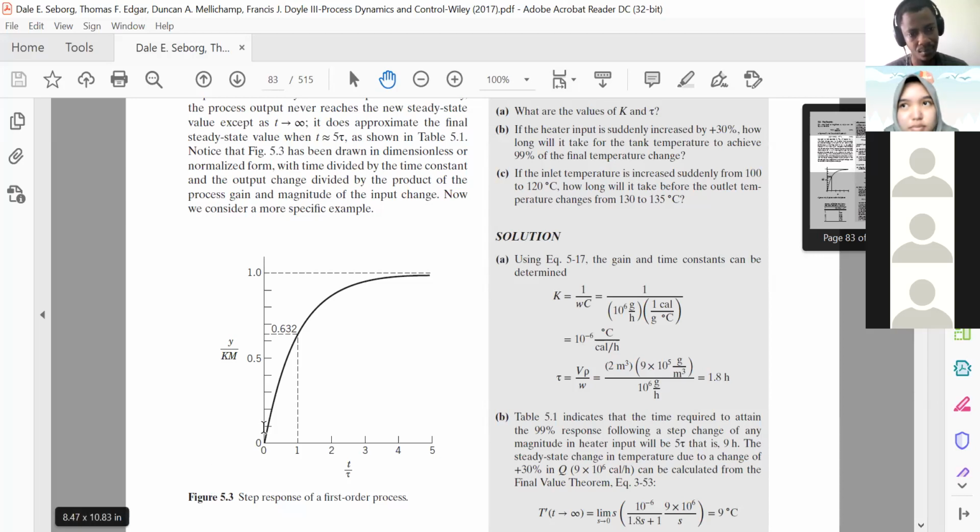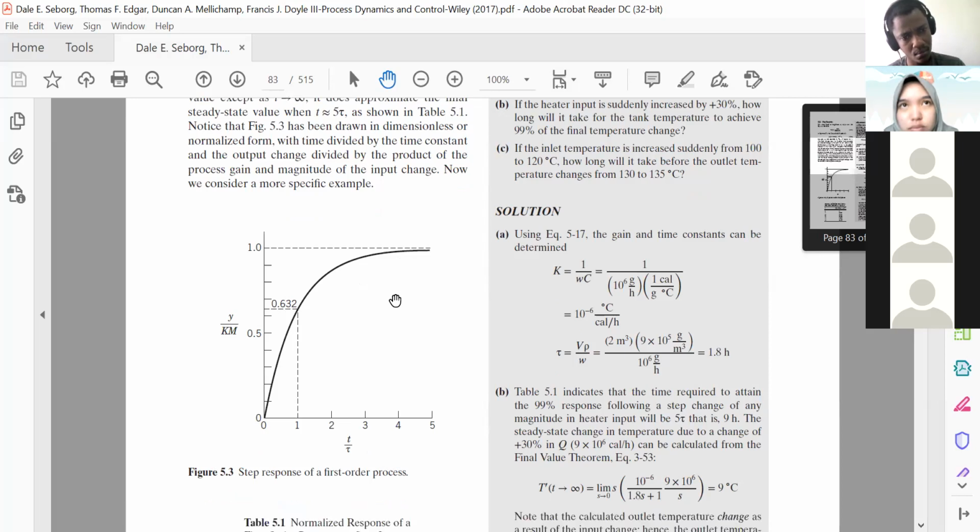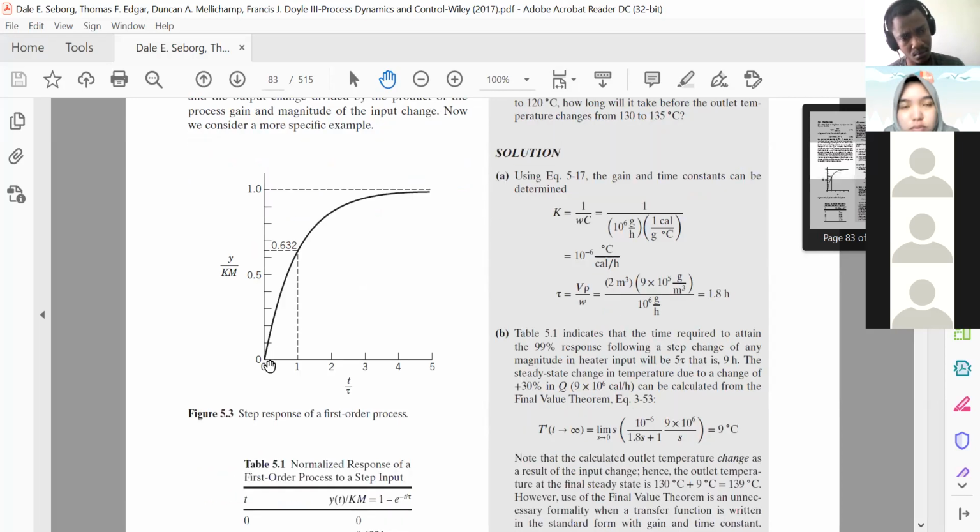So this is the characteristic of a first order process. When t equals tau, the output will reach 0.632 of the final output, and the derivative at t equals 0 is equal to 1.